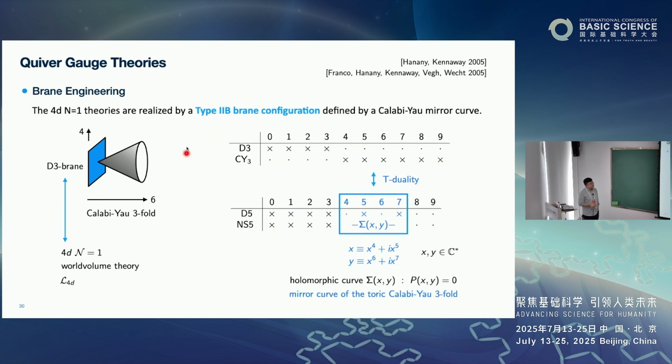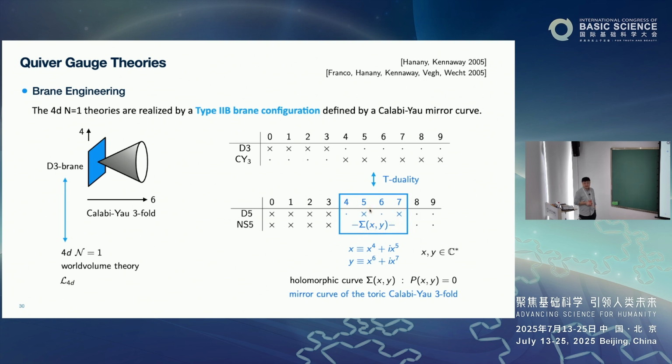One interesting thing is that this D3 brane probing this Calabi-Yau threefold, this configuration is T-dual to a configuration of D5 branes suspended between NS5 branes. Here the Calabi-Yau threefold under T-duality becomes basically an NS5 brane wrapping a holomorphic curve, which I call here sigma.